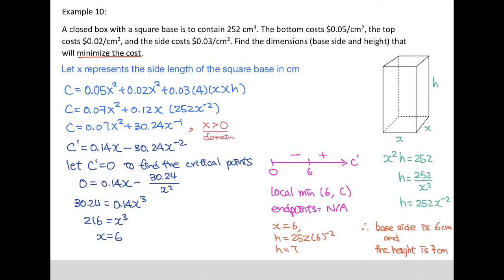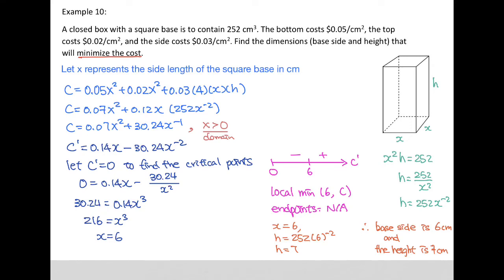Now we have 4 equal sides, and the area of each side will be x times h. So x times h is each rectangle, and we have 4 of them, and each one will be $0.03. Add them all up, and that will be the cost for constructing the box.